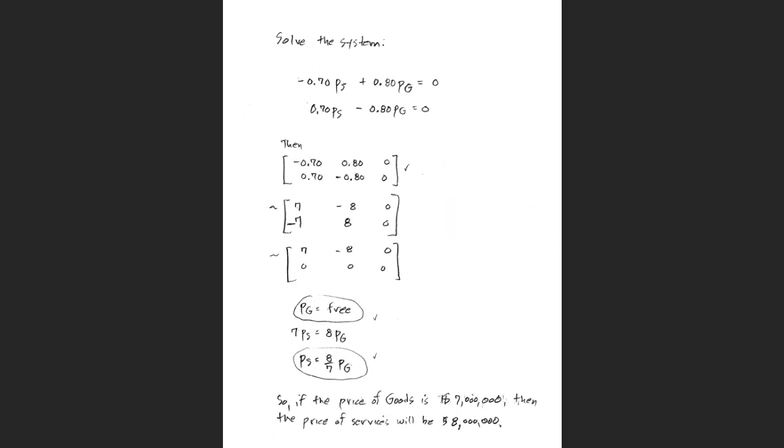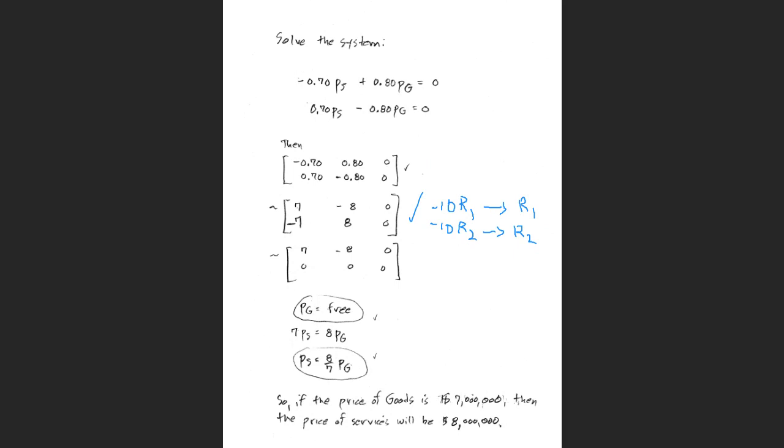I think there was another person who corrected me there. -10 times row 1, result in row 1. And then -10 times row 2. Replace the second row with that new row. And that gives us this.